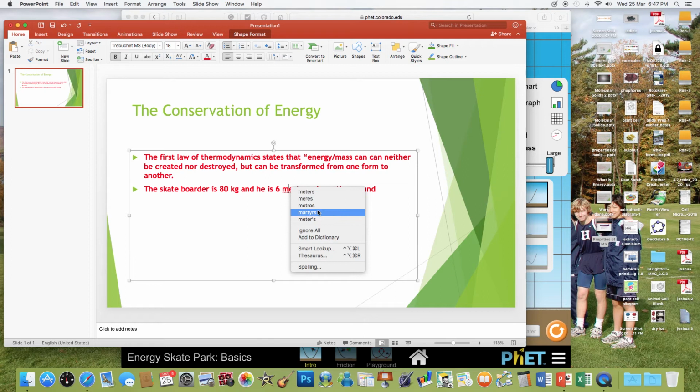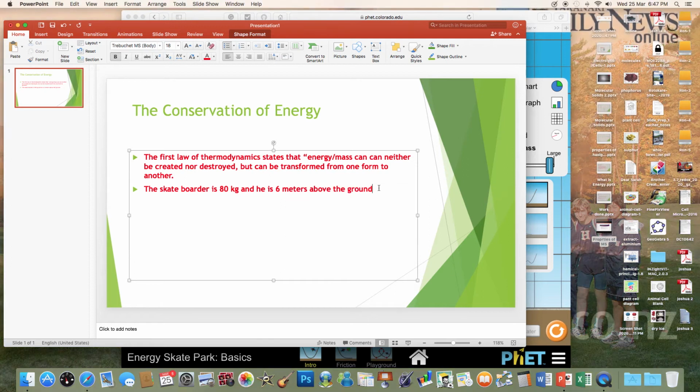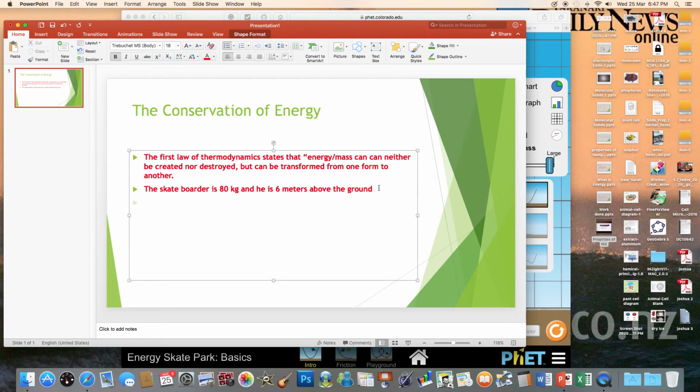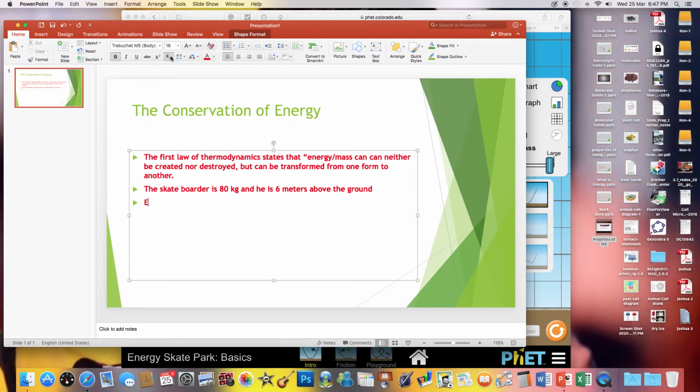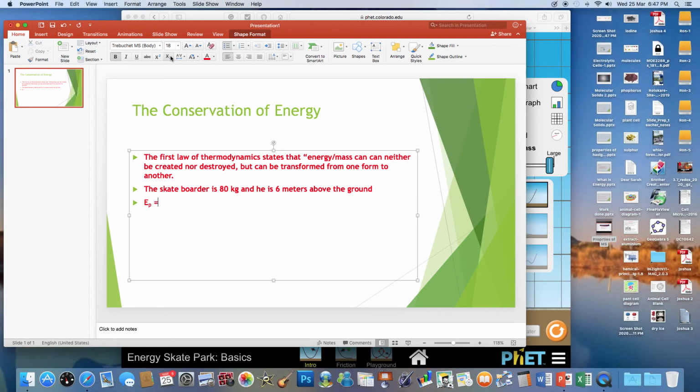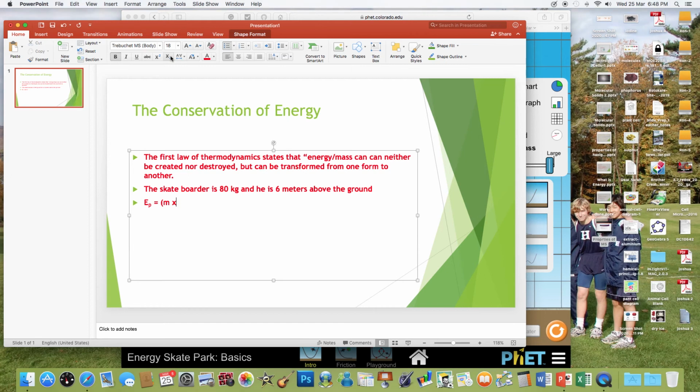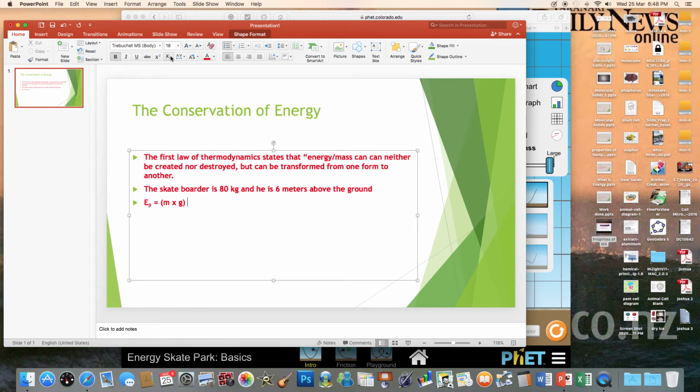So if you remember the other day's lesson, we can calculate gravitational potential energy as being equal to his mass times the gravitational acceleration, and that's the force, times the height he is above the ground.